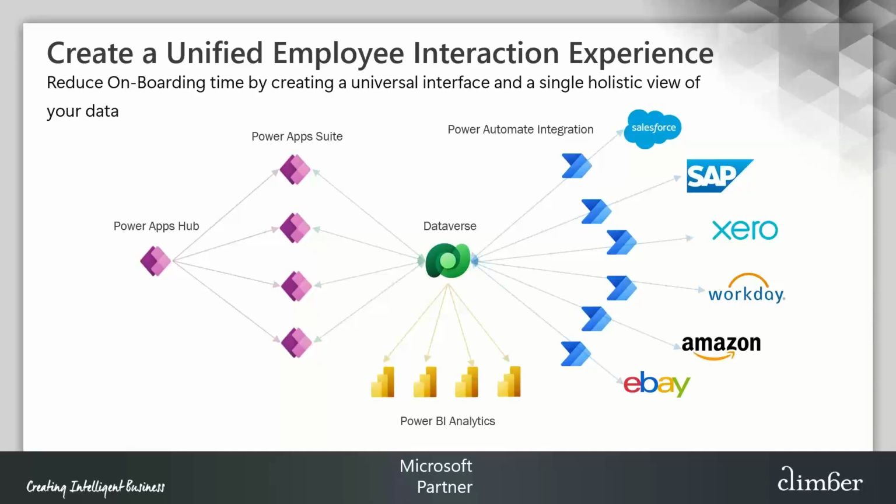So we just do that onboarding piece once, and then the Power Apps is the only interaction that the employees ever have with any of these core systems. On this diagram, you can see we've got the Power App suite that saves all the data into the Dataverse. Power Automate will push it into the core systems, and then we use Power BI for the analytics over the top. Cool.